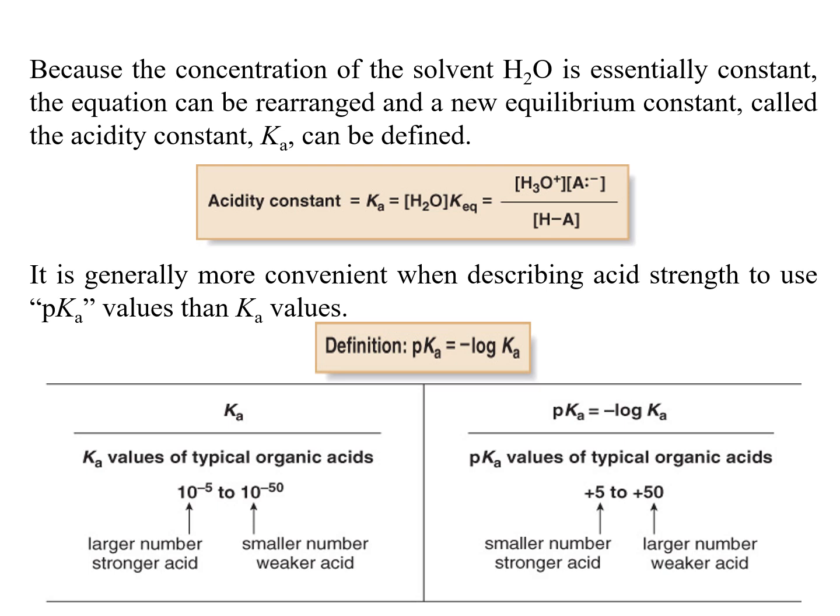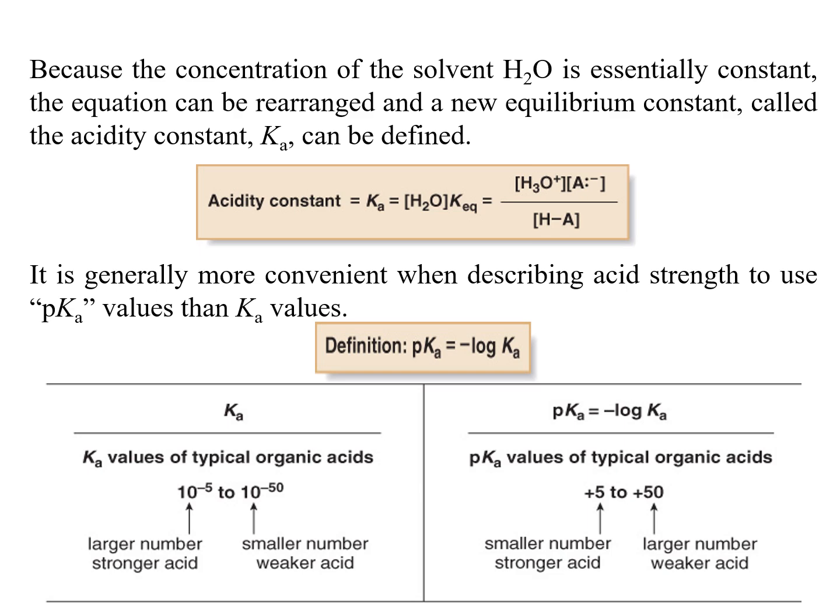So what does it say about the strength of acid? The larger the Ka value, the stronger the acid. And Ka value being large means that the pKa value is going to be small.